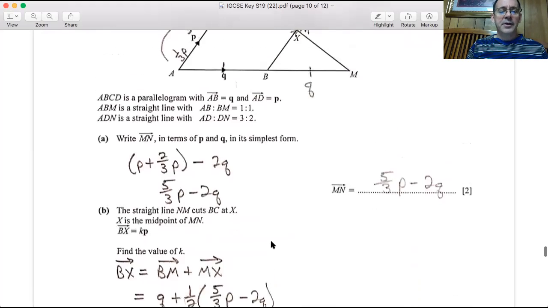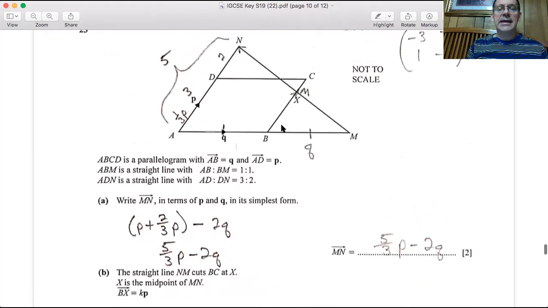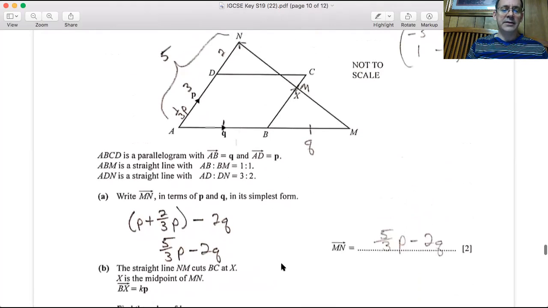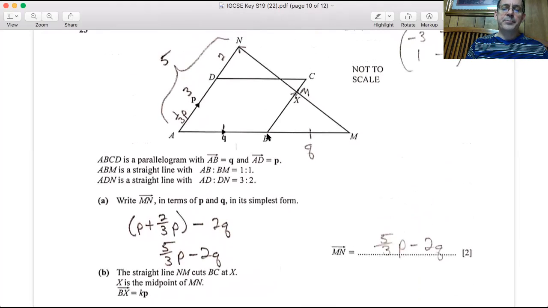Letter B, straight line MN cuts the BC at X. So MN, this line here, cuts or intersects this line at the X. And X is the midpoint of this line. And it says that B to X equals KP.